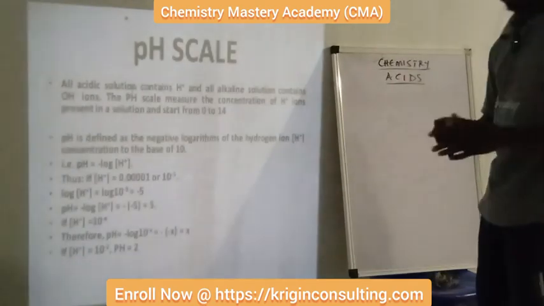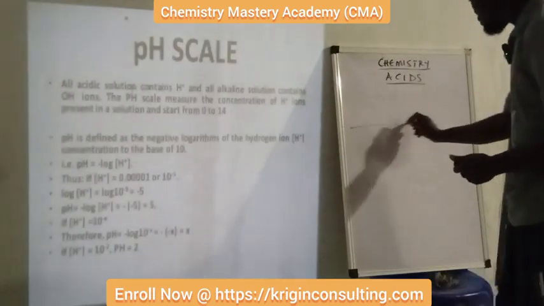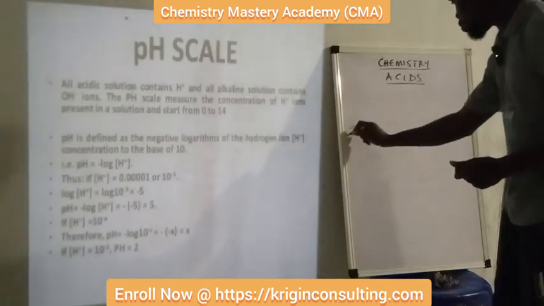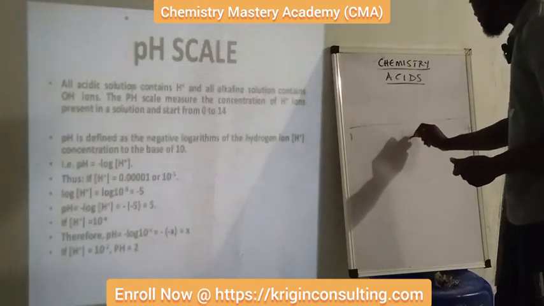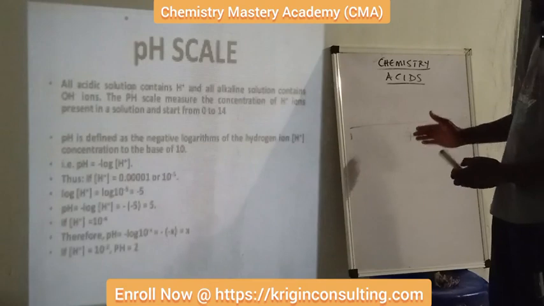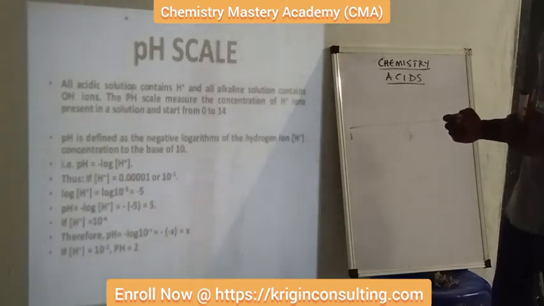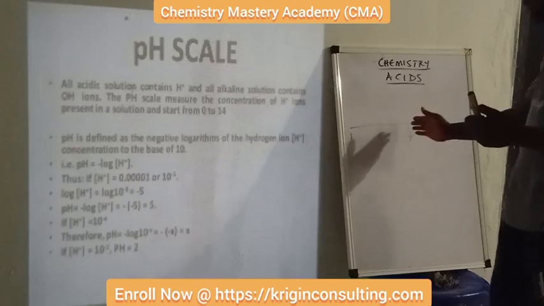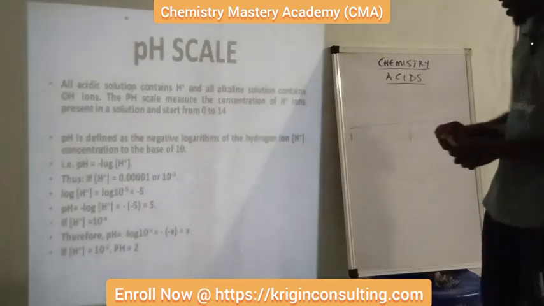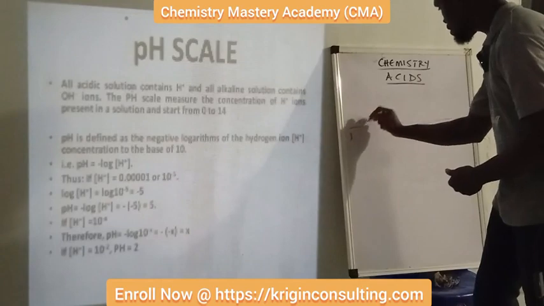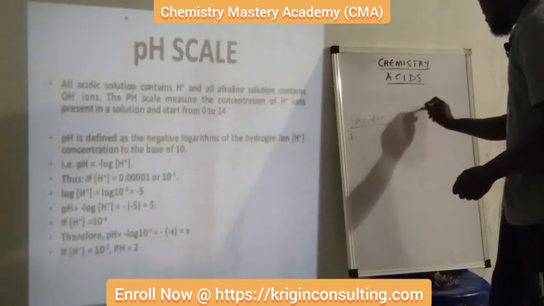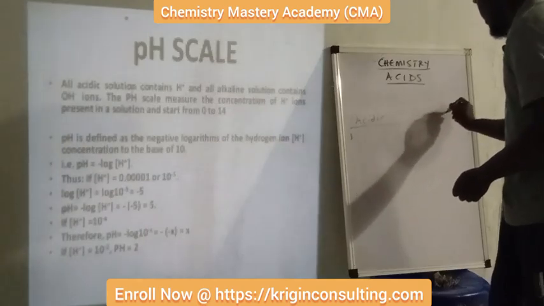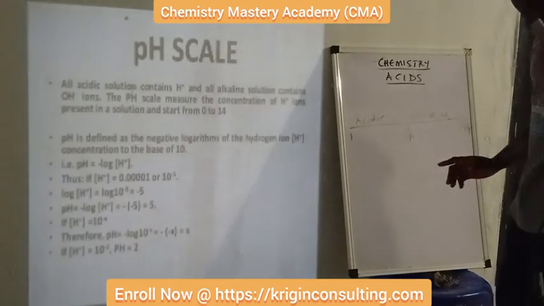Now, on the pH scale, we have from 1 to 14. And in the middle, we have 7. Now, when you take any substance and put it on the pH scale, the one that is below 7 is acidic. Yes. And the one that is above 7 is what? An alkaline.